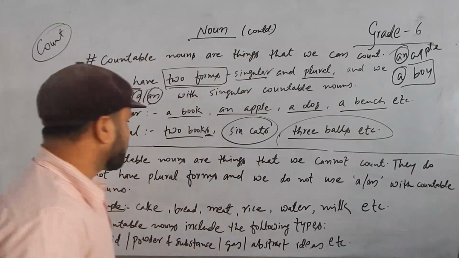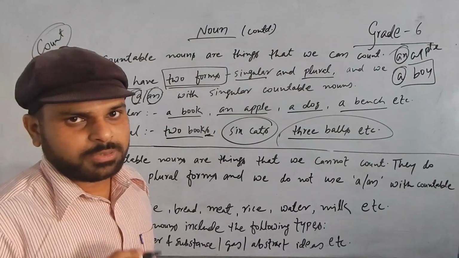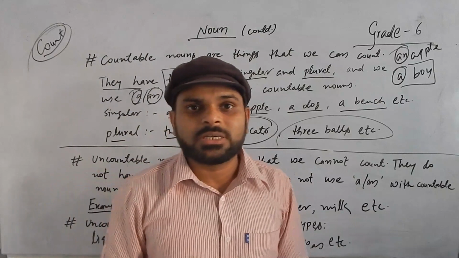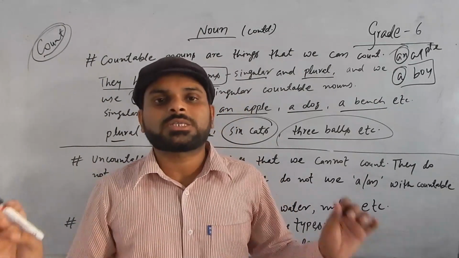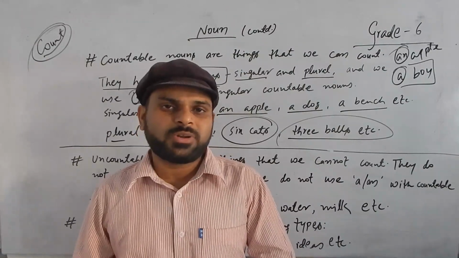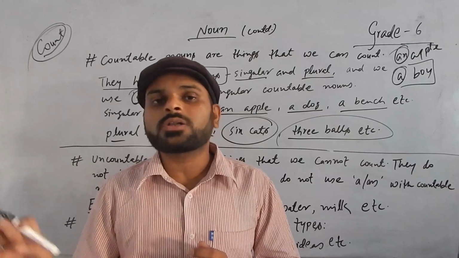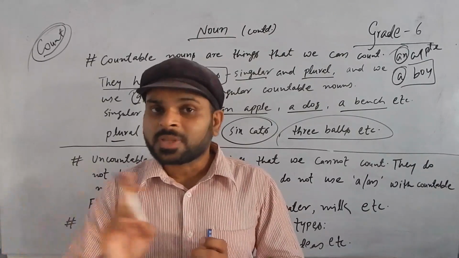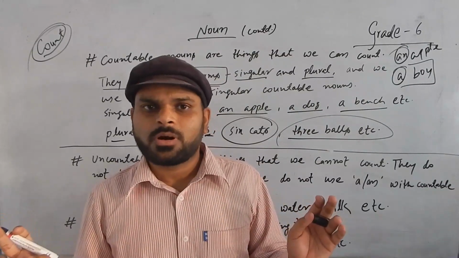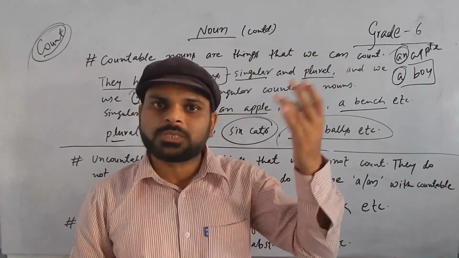Okay. Now see the second section, that is uncountable. What is uncountable? That which cannot be counted, that is impossible to count. What are they? Generally material nouns and abstract nouns that we talked about in our previous class cannot be counted. Can you give me an example of an abstract noun on the basis of your last class?